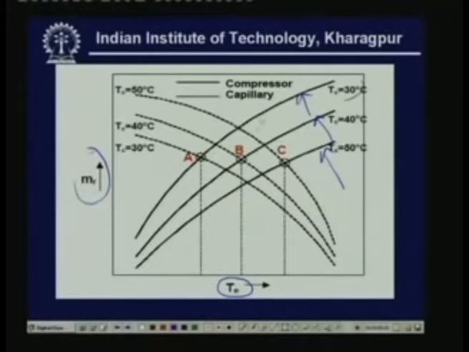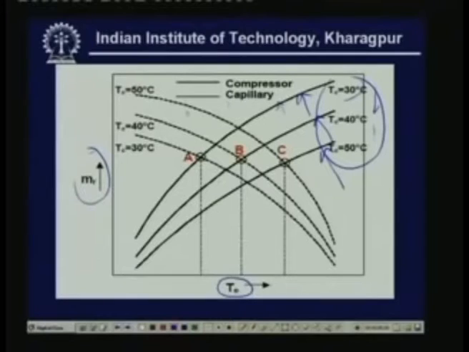As a result, the mass flow rate through the compressor increases. Similarly, at a given evaporator temperature, as the condenser temperature increases, the pressure ratio across the compressor increases, volumetric efficiency reduces, so the mass flow rate reduces. That's why you get these three curves for the compressor.